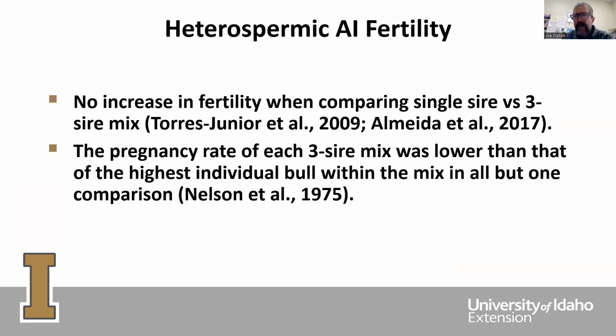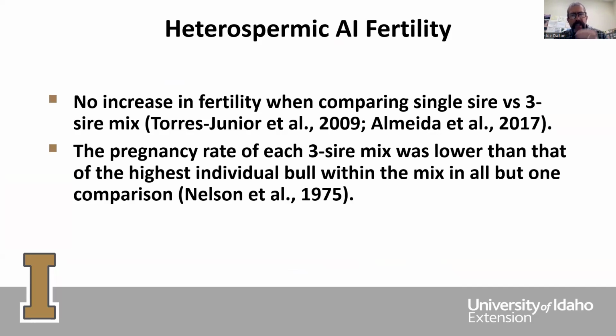There's been no increase in fertility from two different studies when they compared single sire versus a three sire mix. And what I mean by that is we have three sires, and each one is going to be used individually, homospermically.